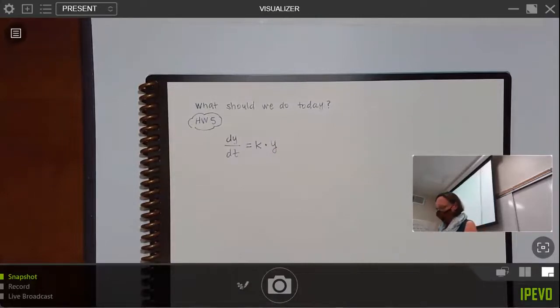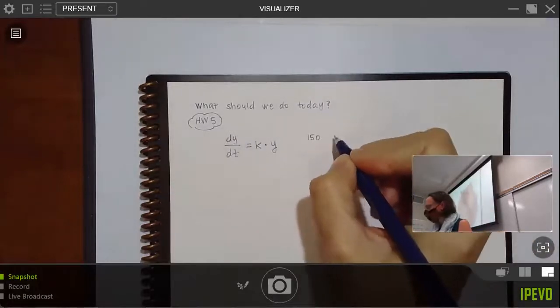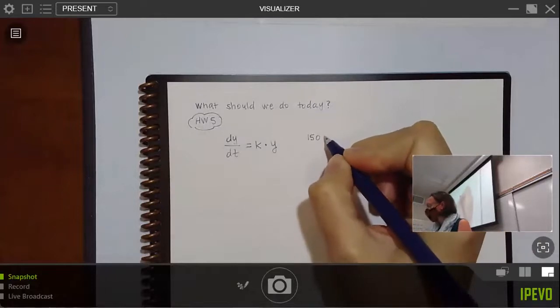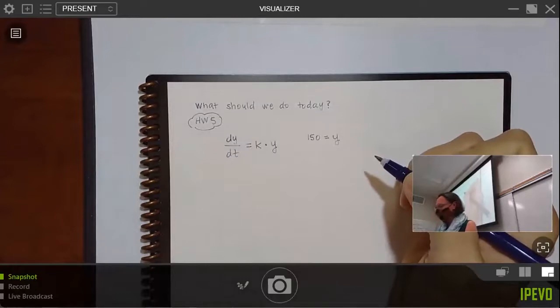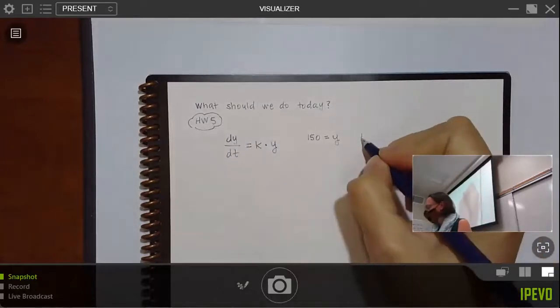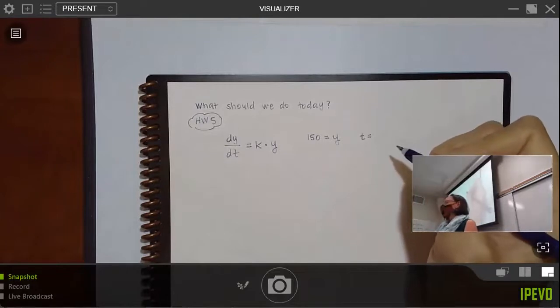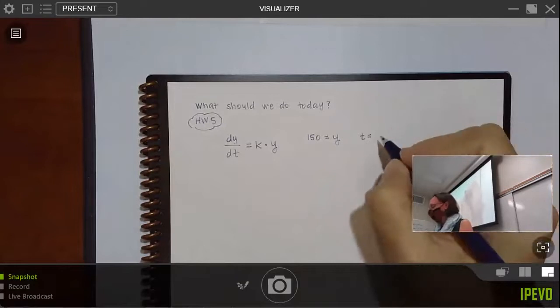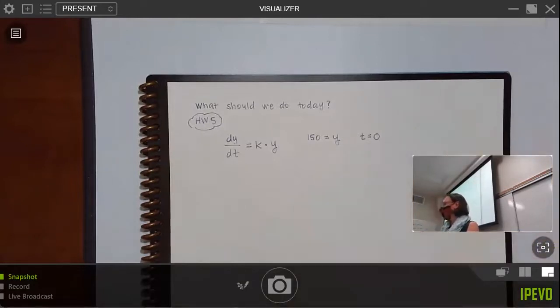Now, other things that we know is that there are 150 bacteria. So I'm going to make that y. There are 150 bacteria at a given time. Well, we have a choice to make here, but I'm going to call the given time t equals 0 for convenience.